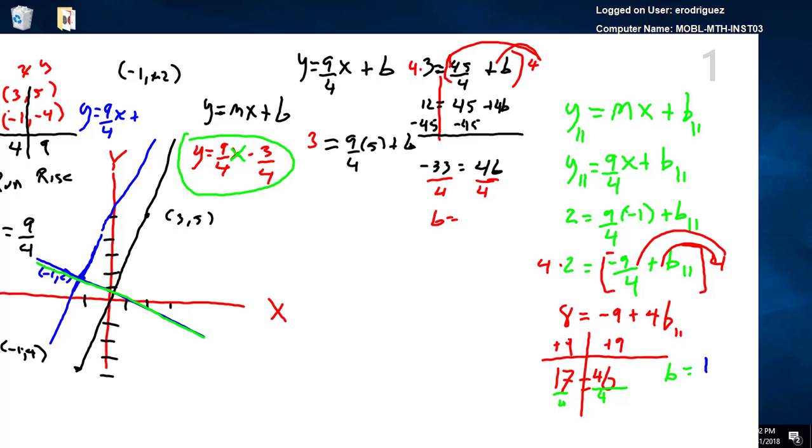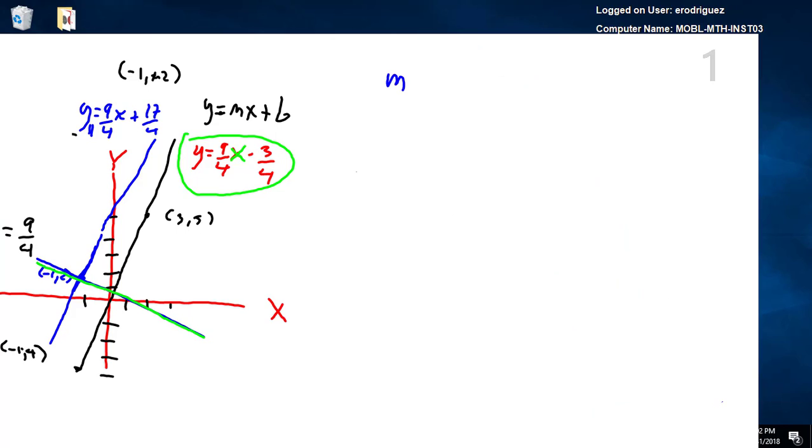So now I can complete that equation because I know the slope and I know the intercept, which is going to be 17/4.